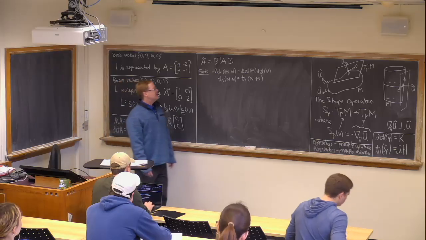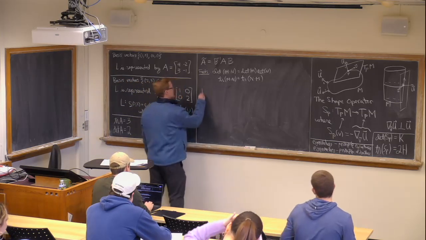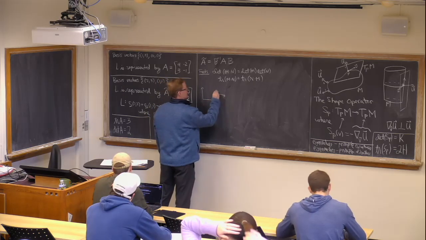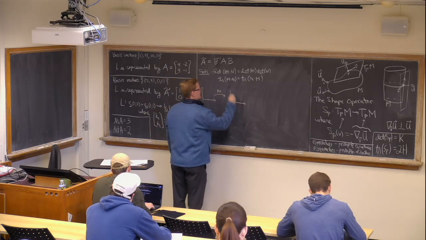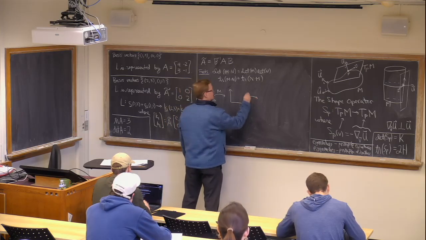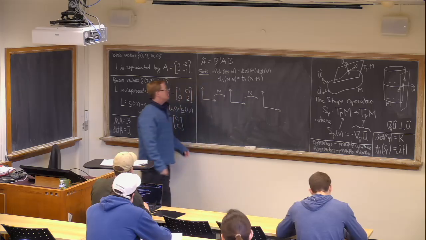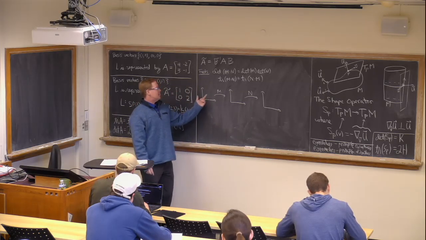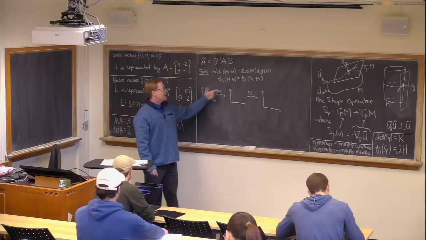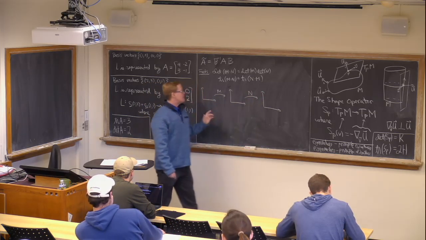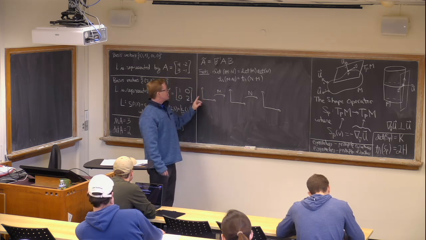The way I would think of it is, I'll just do it for 2x2 matrices. We have an xy plane here, and we hit it by M and get a mapping here, and then we hit it with N and get a mapping here. Multiplication by a 2x2 matrix is a linear mapping. But what is the determinant?